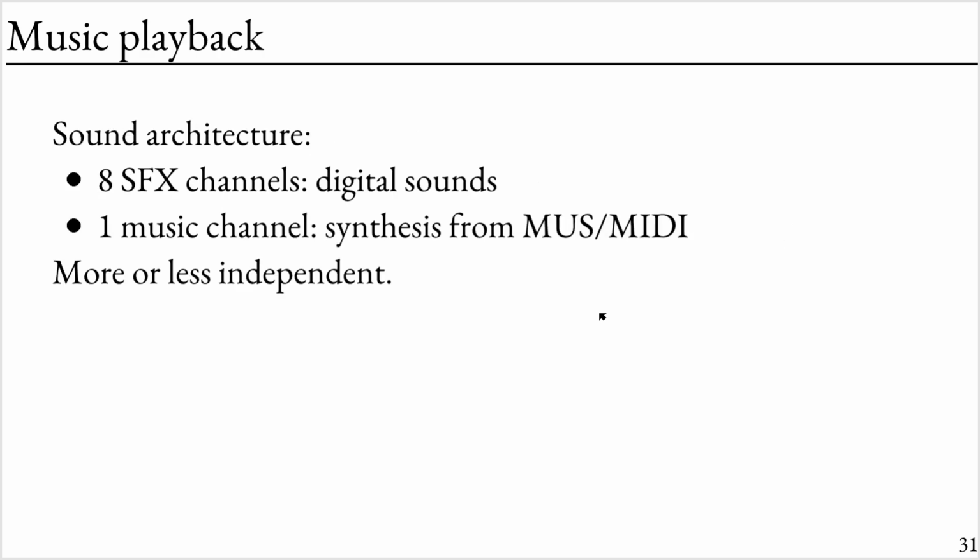So moving on to music. The way sound works is there is a bunch of digital sound channels which each play one sound, and one music channel where something synthesizes music from one of the MUS or MIDI files. And these are more or less independent.